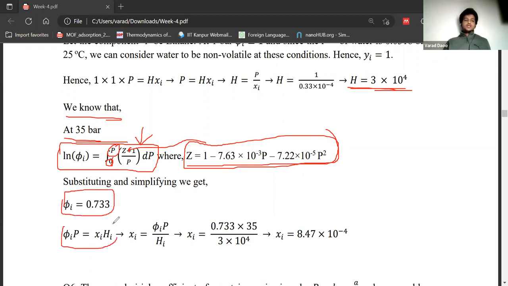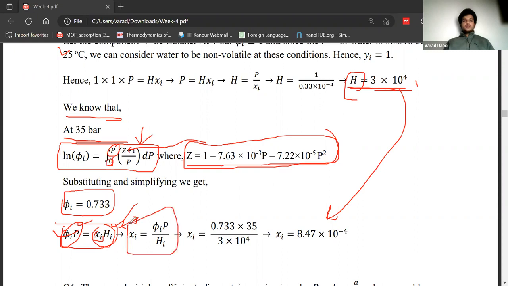Then you again apply the same expression that we used here, the equality of fugacity. This is the fugacity of the vapor phase and this is the fugacity of the liquid phase. They are both equal because at 35 bar also there is vapor liquid equilibrium. So now you know phi i and you know the pressure. You don't know xi, so we calculate it here. As the Henry's law constant is a constant, it is not going to change with pressure.